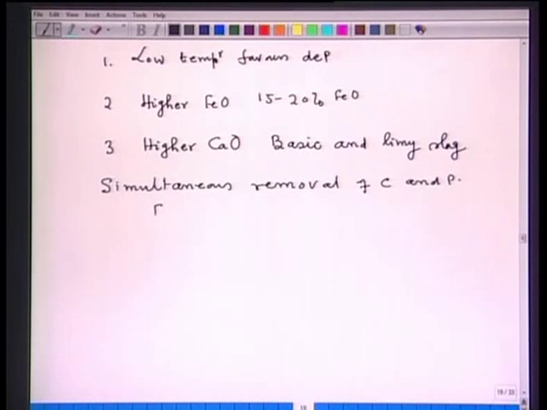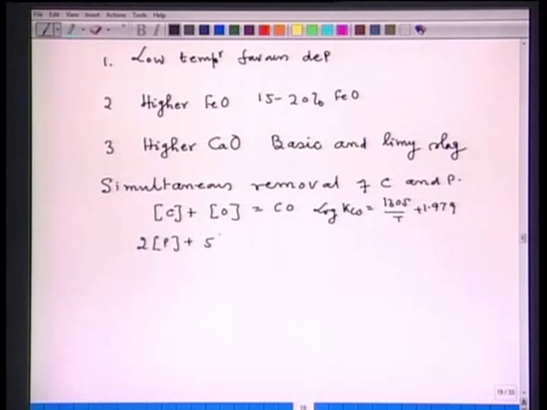For that, we write down the reaction C plus O, that is equal to CO. Let us put log of KCO equal to 1305 upon T plus 1.979. Then I will write down 2P plus 5O, that is equal to P2O5, and log of Kp, that is equal to 38,668 upon T minus 27.96.